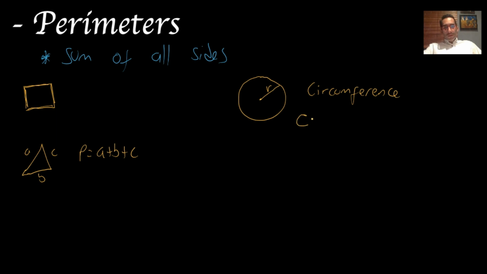The circumference is found with the following formula: 2 pi r, where r stands for the radius, the distance that goes from the center of the circle to one point on the circle. I think that's basically what you need to know about perimeters. I hope this is clear, and let's continue with our very next topic.